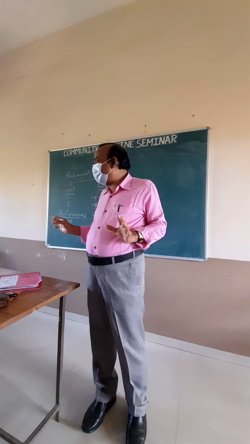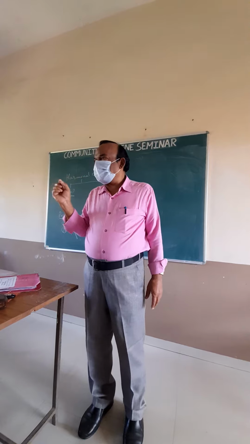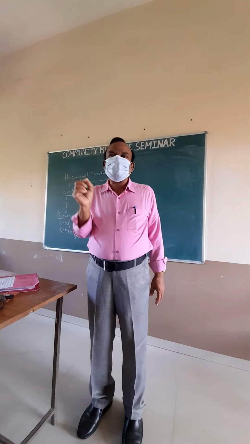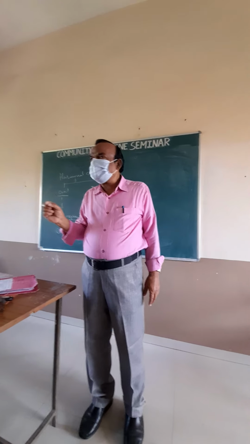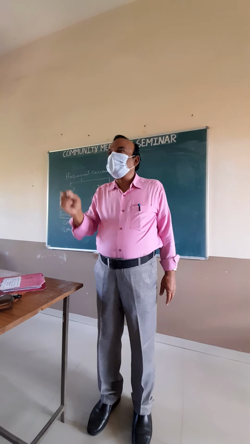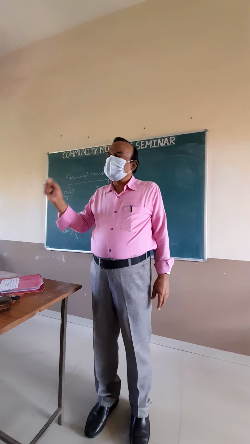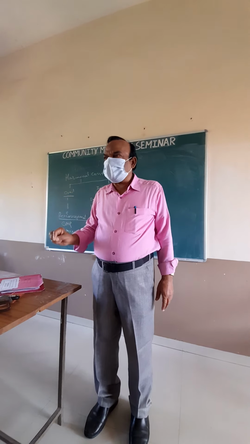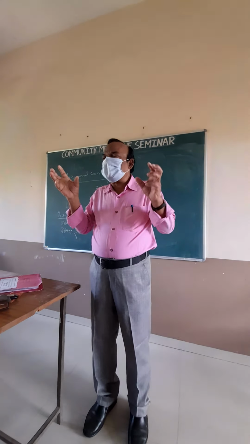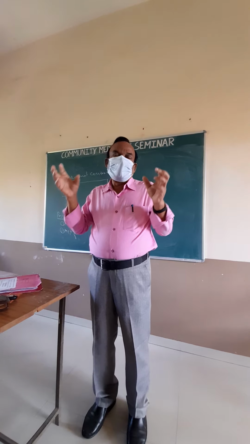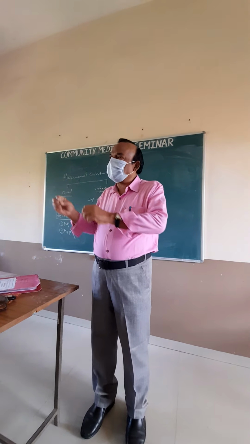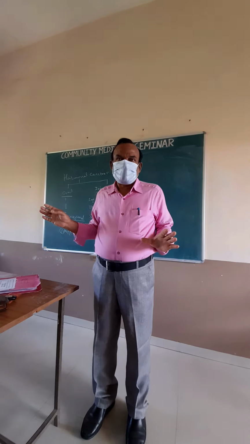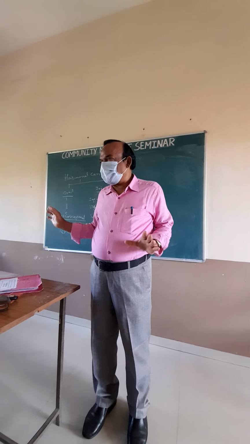Number 2 is induced abortion. What is done in induced abortion? We inject prostaglandins in the uterine cavity, uterine muscle tone increases, the uterine muscle contracts, the products of conception are expelled out, and termination of pregnancy occurs.